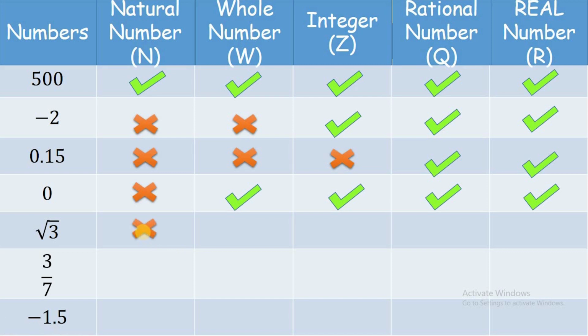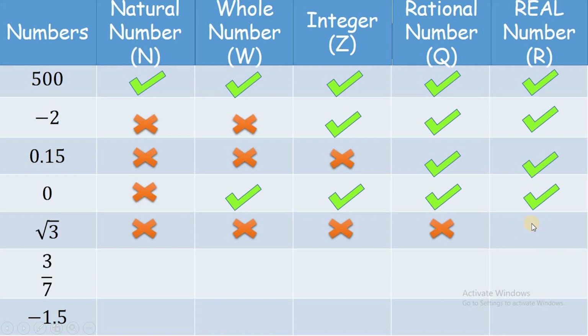The next one is square root of 3. Now, square root of 3 is equal to 1.73. It keeps on going and it will not terminate. So square root of 3 is not a natural number, not a whole number, not an integer, and not a rational number, because root 3 cannot be expressed in the form p by q.